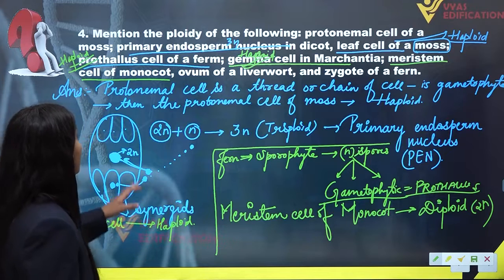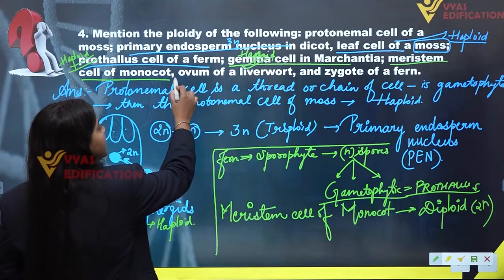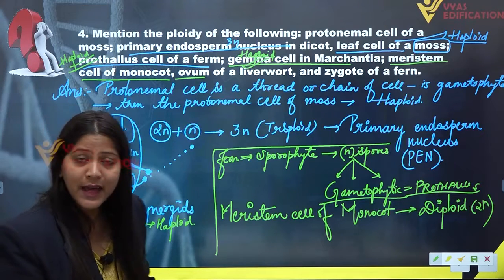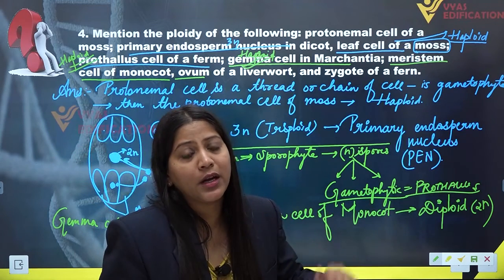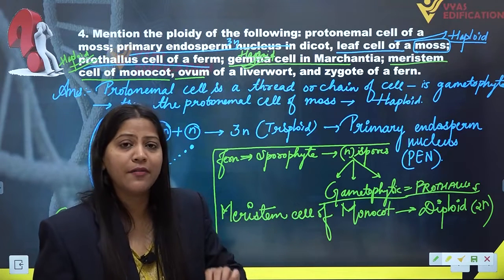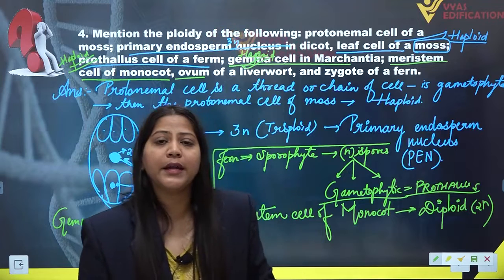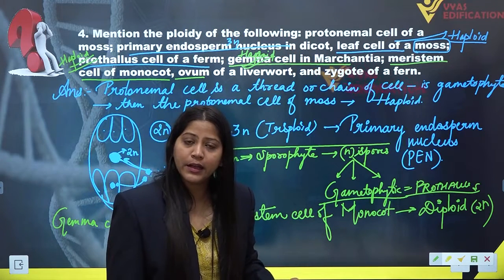Then second last we have the ovum of a liverwort. Ovum means egg cell or female gamete, and they are talking about a liverwort. We know that liverworts have their main plant body as gametophyte, and the gametophytic plant body is haploid in nature.